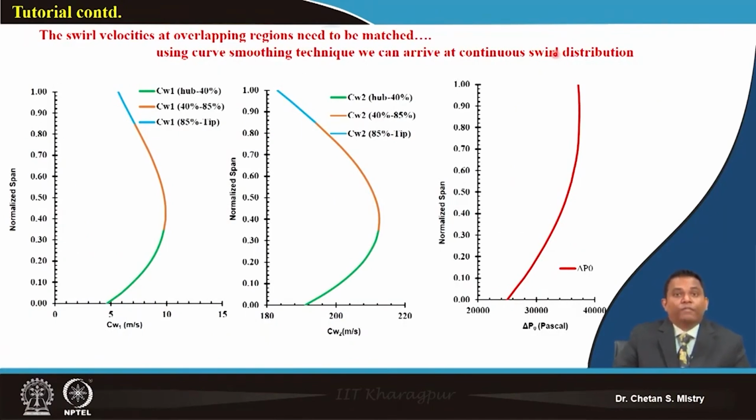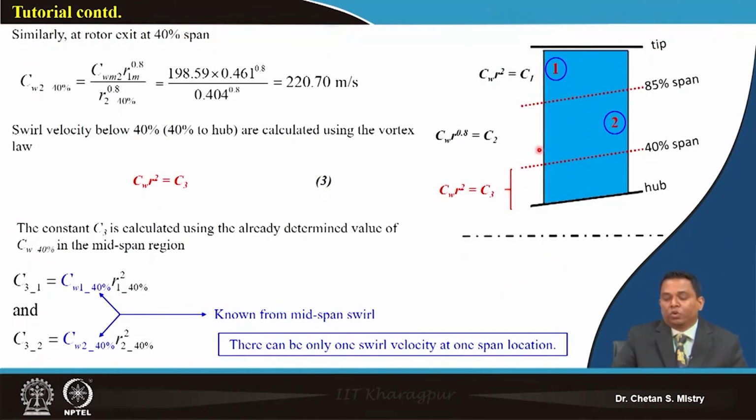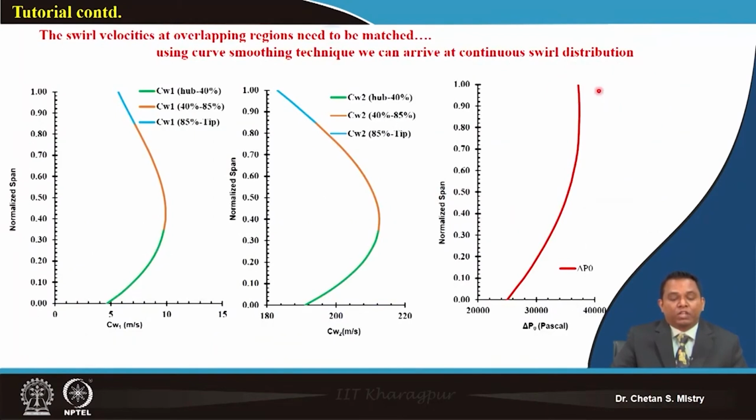Now when we are configuring our design, there may be chances near this 40% span as well as near the 75% span that we get our distribution of whirl component in a zigzag way. So we need to have smoothing of the curve in that particular region, and that is what is being done.